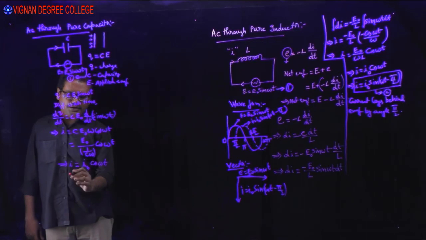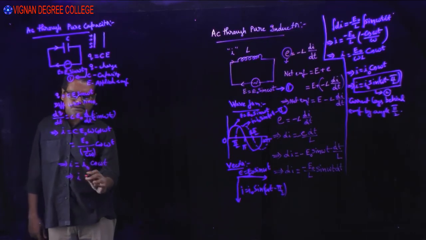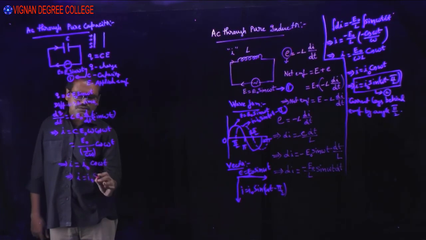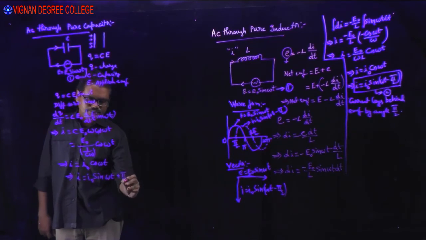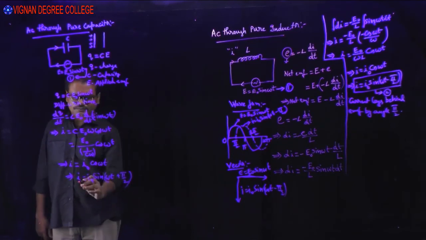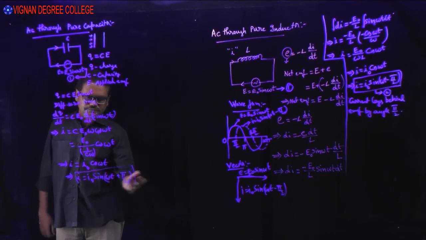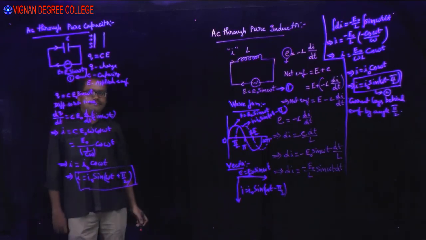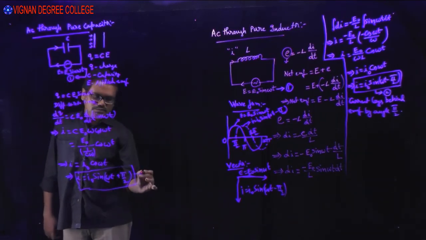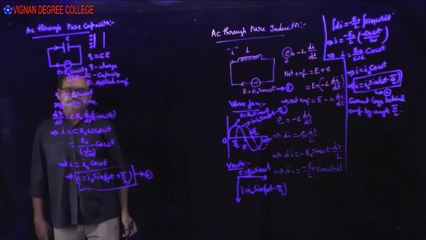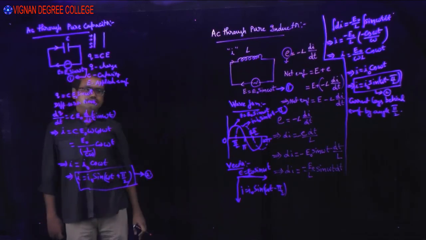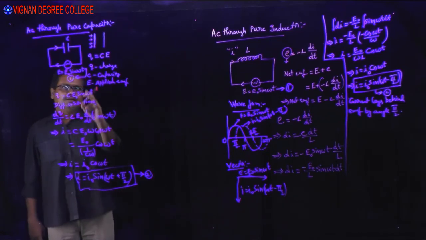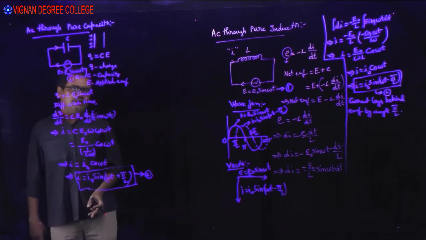Converting this cos omega t into sin, we get I is equal to I naught sin omega t plus pi by 2. So finally the current equation is I is equal to I naught sin omega t plus pi by 2. Let us suppose that this is equation 2. Now comparing equation 1 with equation 2, here E is equal to E naught sin omega t.